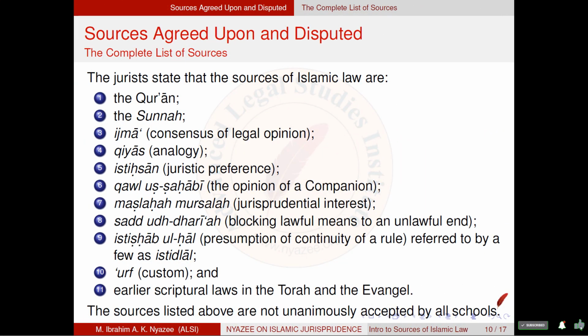The next topic is the sources agreed upon and disputed, the complete list of sources. This is the heading for the next two slides. Here we present the complete list of sources.